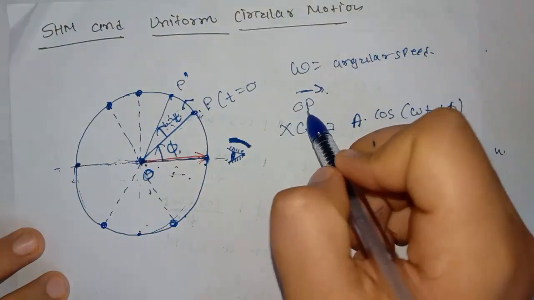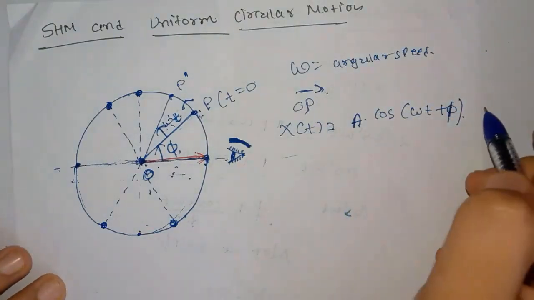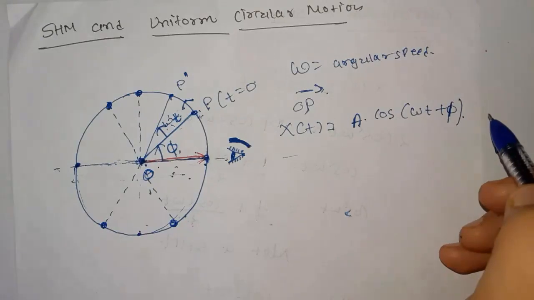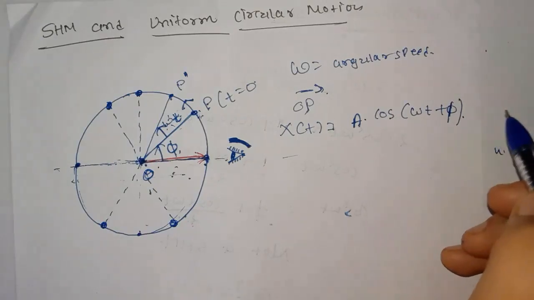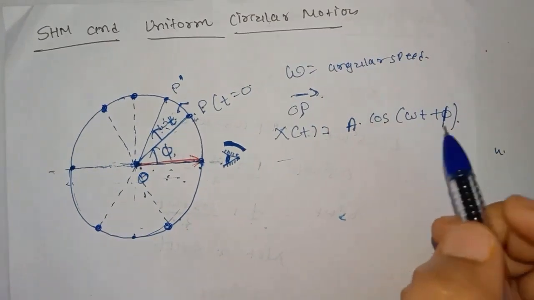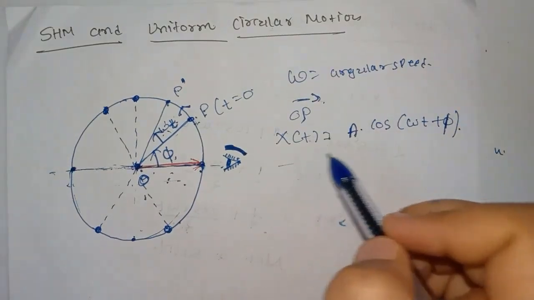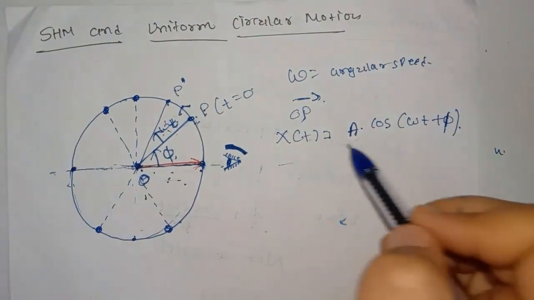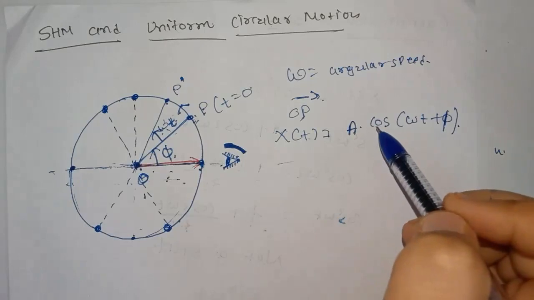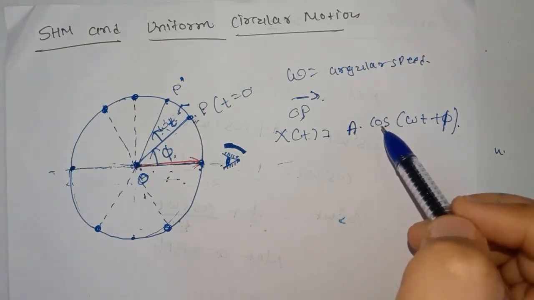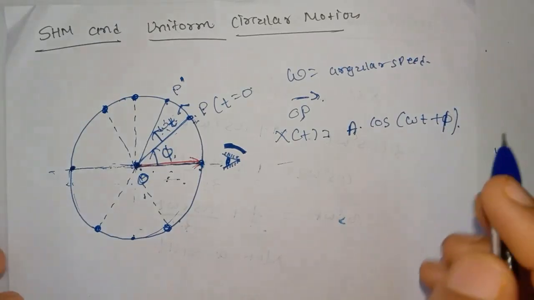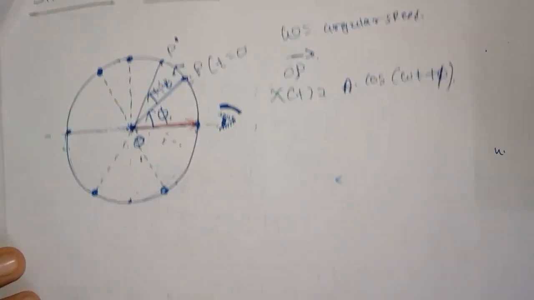This is the projection of OP on the x-axis or along the diameter. And we have just found that whenever the equation of position is given by this sinusoidal equation, then it will follow SHM.